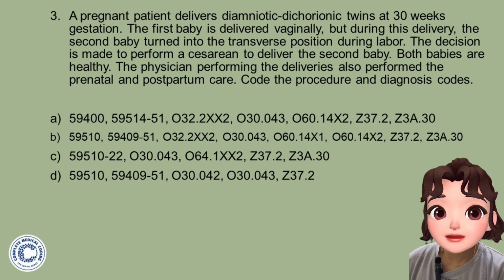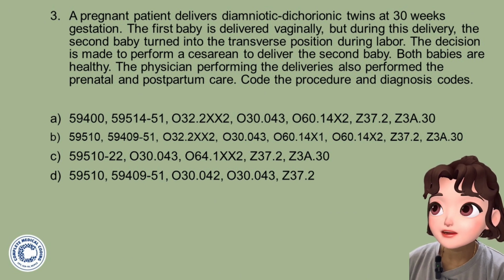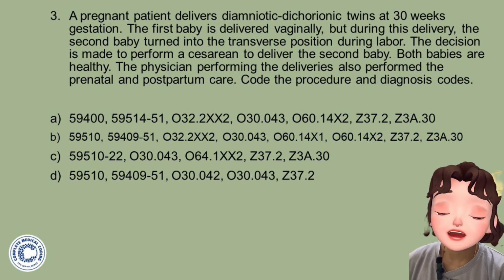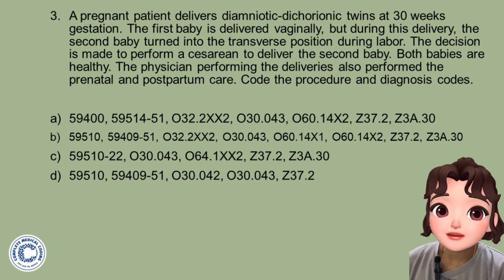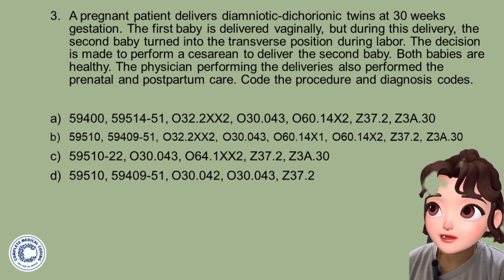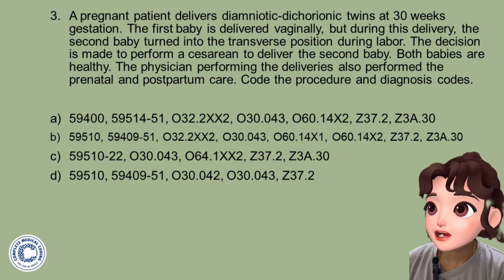If it is the first baby who has been turned into transverse, then the code will be O32.2XX1. Here, since it's the second baby which is turned into transverse position, we put the number 2. So O32.2XX2, that is the correct code. Now, what is the next one? O30.043.